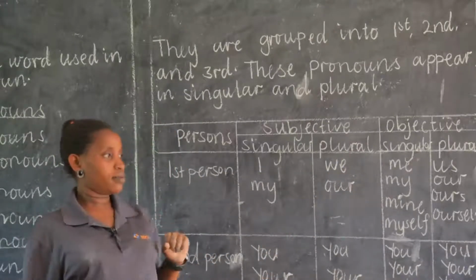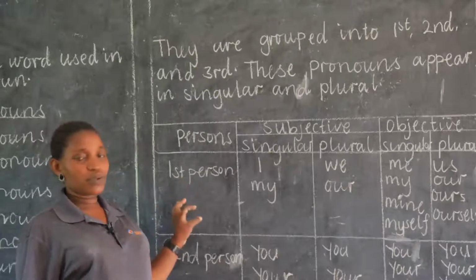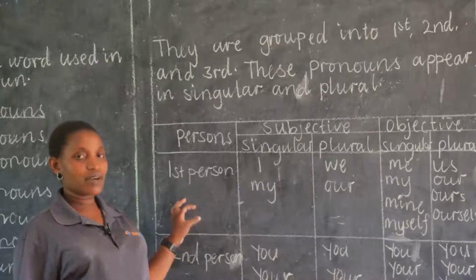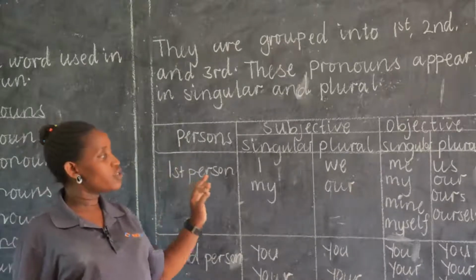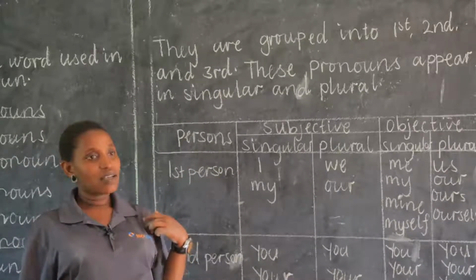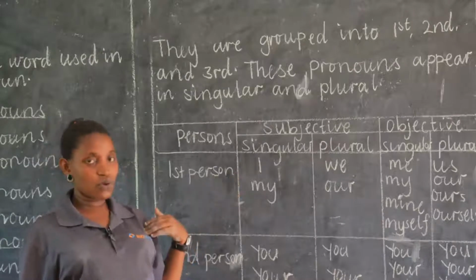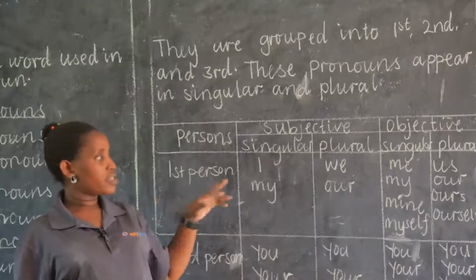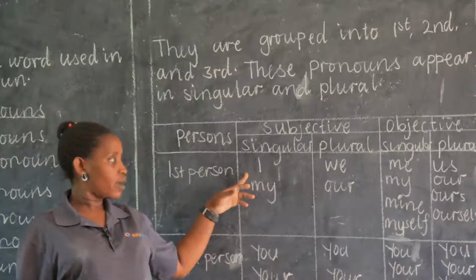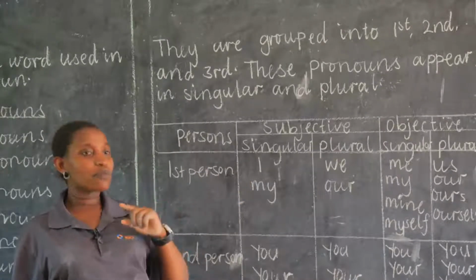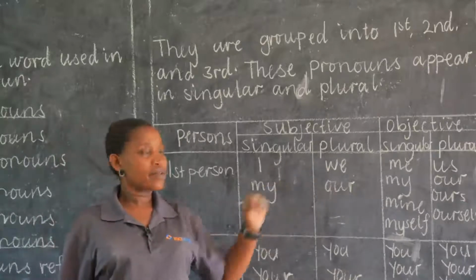And the persons, now the first person. The first person singular is I. Now when we're talking about the personal pronoun I, that is the first person, singular. Then the first person plural is we.